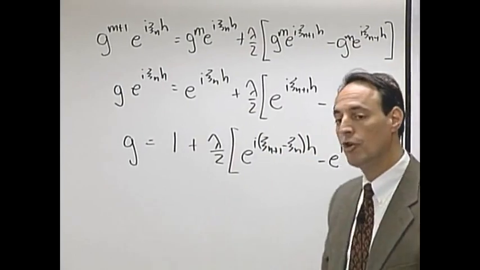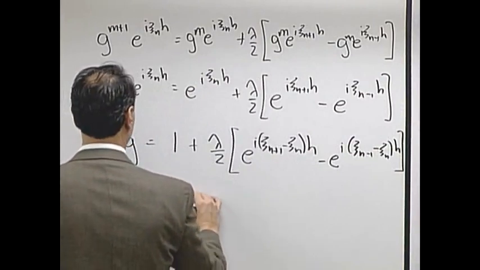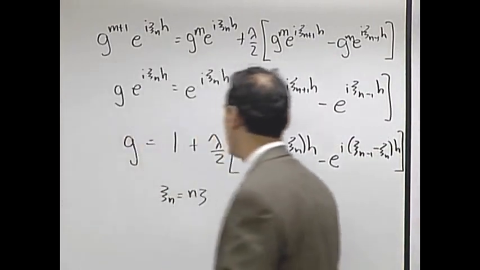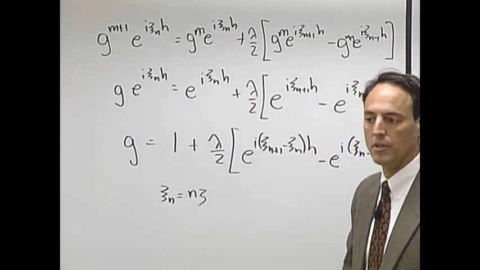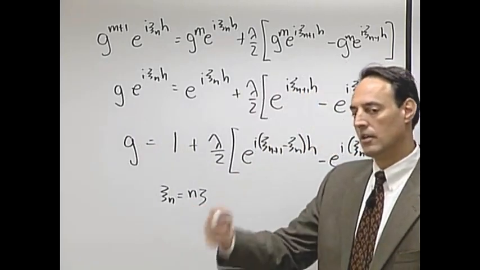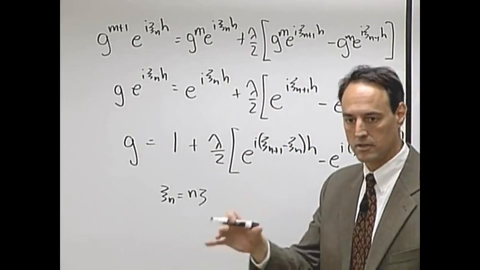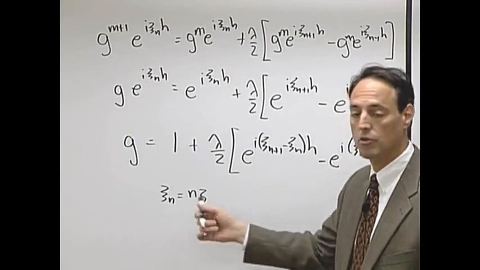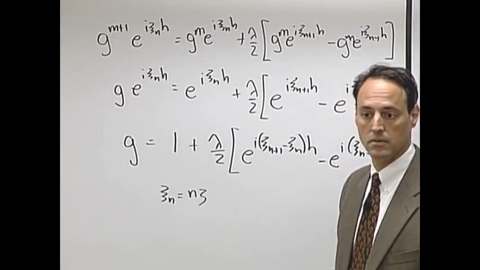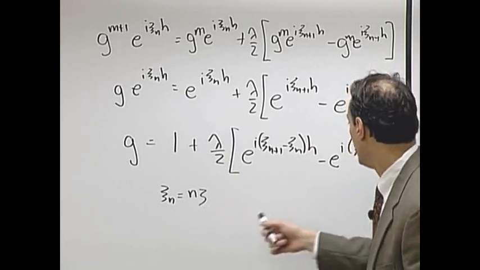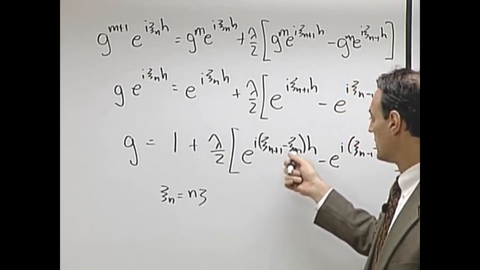Now, what we're going to assume is that the c of n are Fourier modes. So we're going to write them as n zeta, some new variable. These are basically going to seem like cosine 0x, cosine 1x, cosine 2x. In other words, the harmonics of your domain of some sort. So you assume that the Fourier coefficients are just integers. What does that mean for here? Well, I have c of n plus 1 minus c of n.